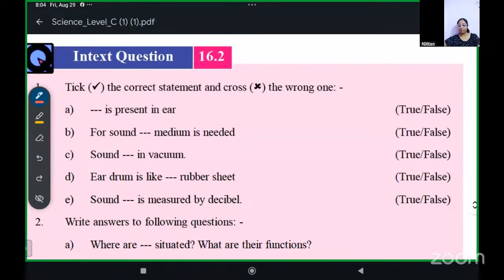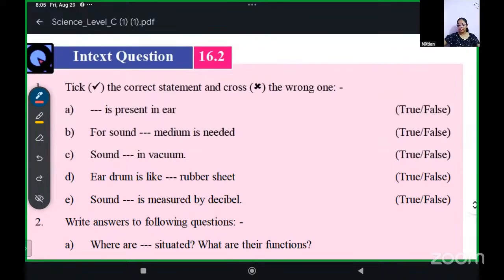Ma'am, it's impossible, because when you put the answer, it will always be true because you will be giving the correct answer.